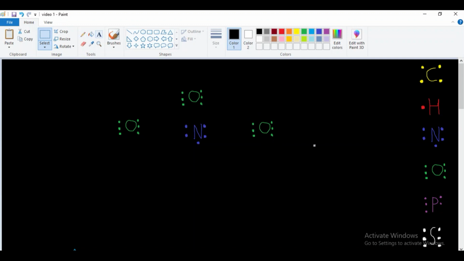Now I will connect them. Okay. So first step will be making dot structure with this, dot structure with this, and this. Now I will write this is 5 plus 3, 8. This is 7. This is 7. This is 7.